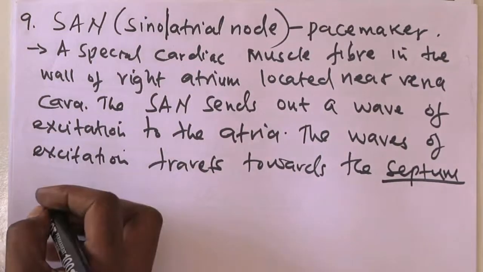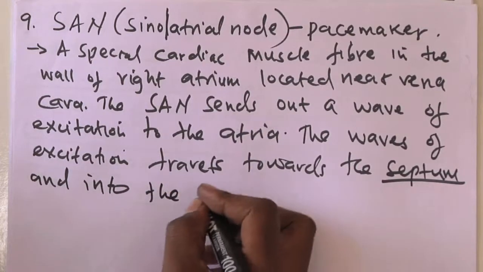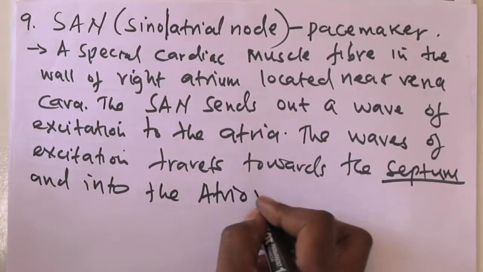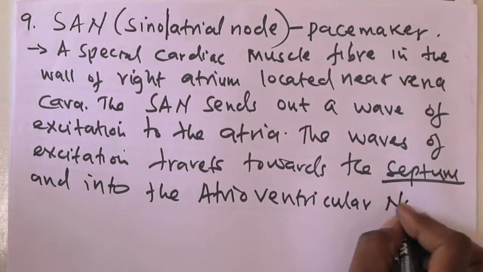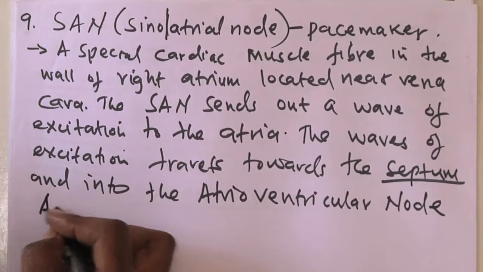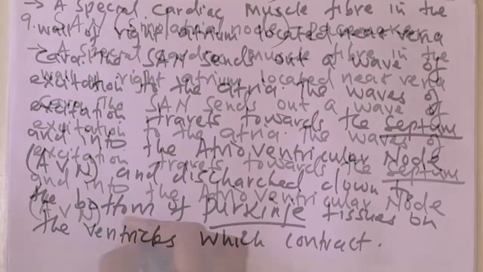So the septum and the atrioventricular node, what we call AVN. That is the atrioventricular node.